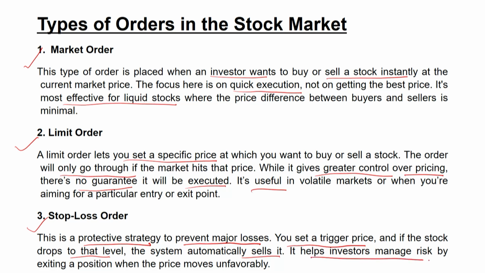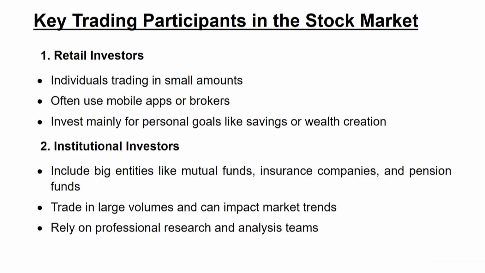So it helps the investor to manage the risk by exiting a position where the prices move unfavorably for the investor. So that means it is a protective strategy. You can very easily fix a particular trigger price below which you do not want to sell or buy a particular stock in the stock market.